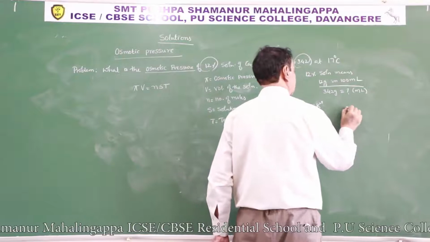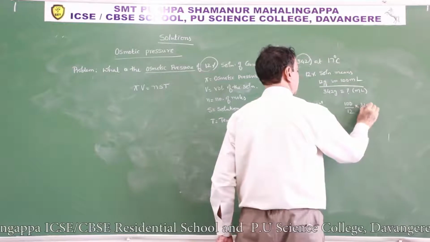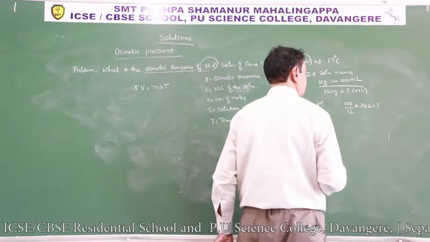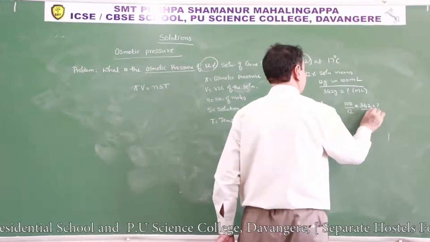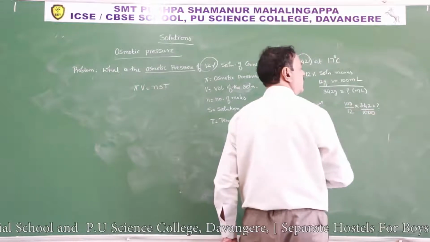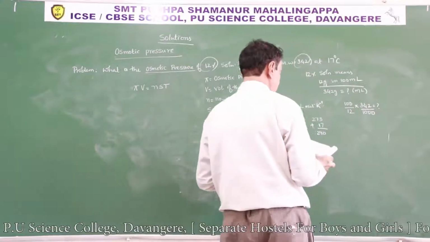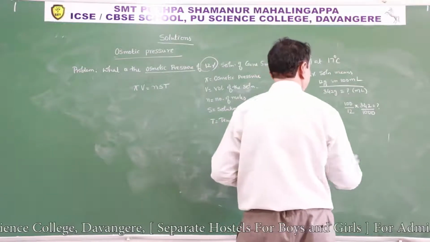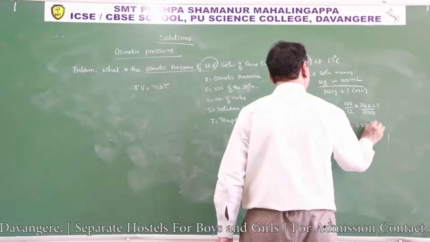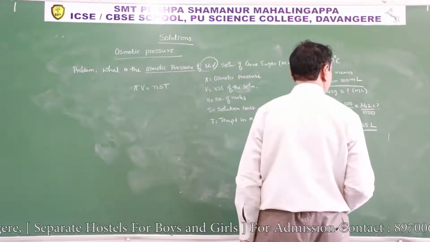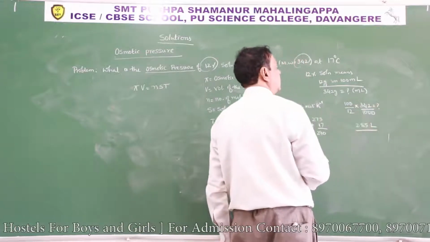For 12 gram, 100 ml, and for 342 gram, how much? Express it in terms of liter by dividing by 1000. This is approximately 2.85 liters. Without dividing by 1000 it is in ml, with 1000 it is in liter.